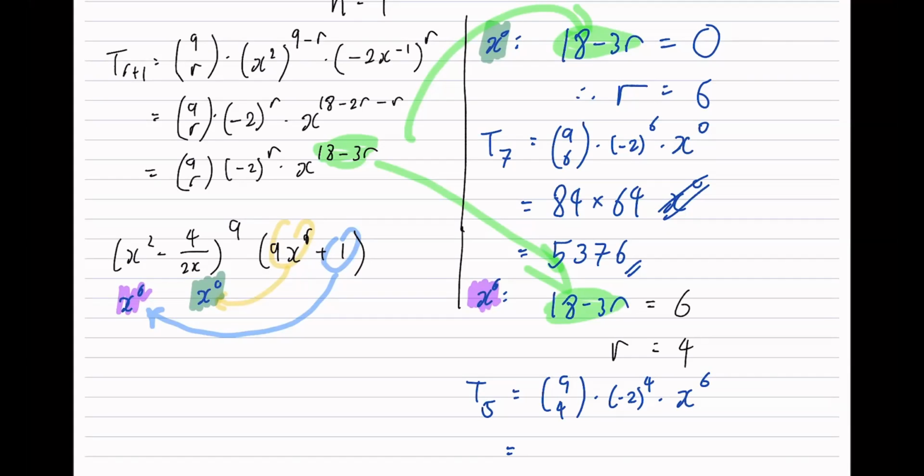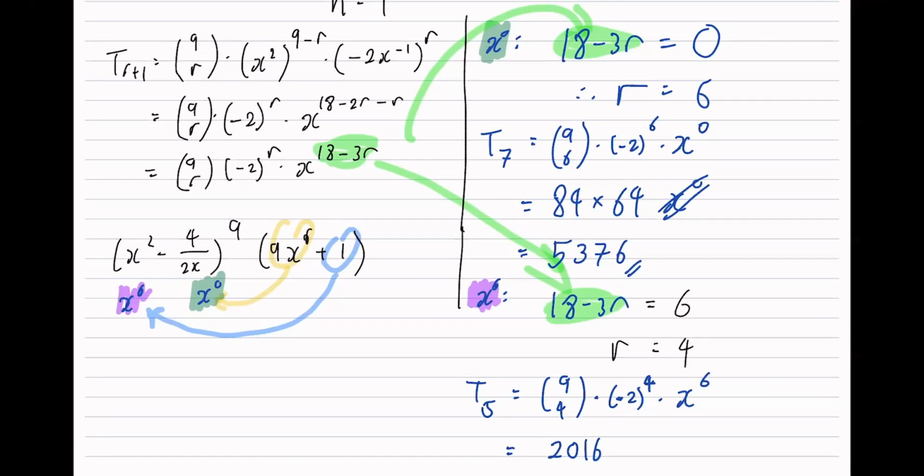What do you get? 4032. Let me double check. I don't think that's correct. 9 choose 4 times negative 2 to the power 4. I think I got 2016.